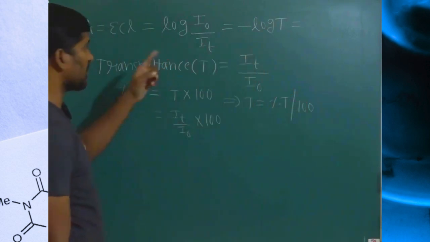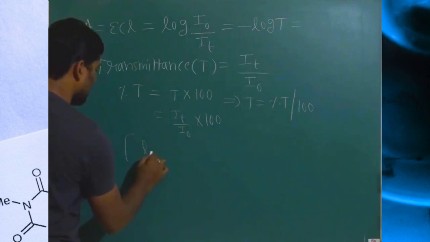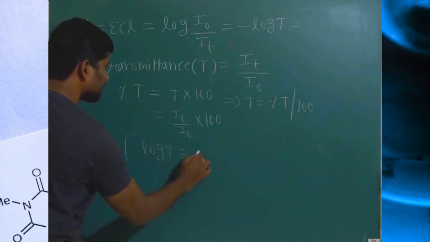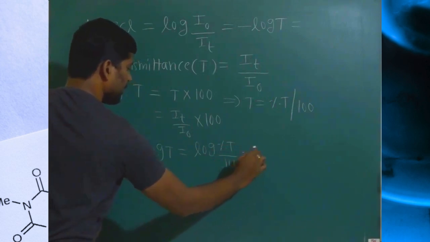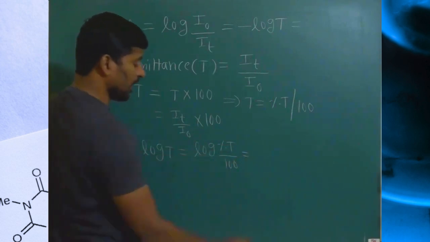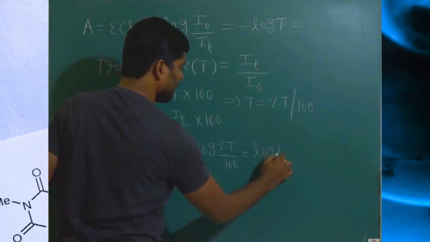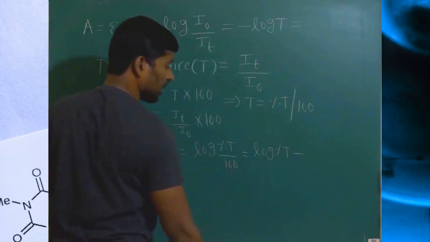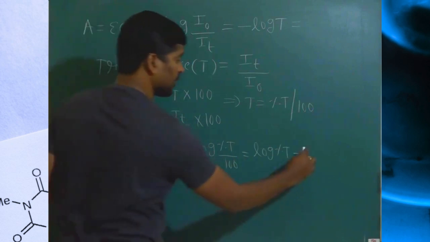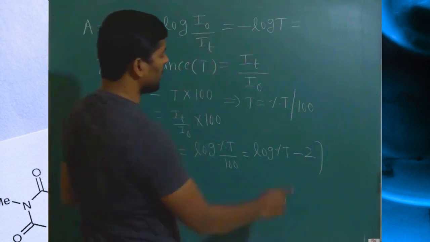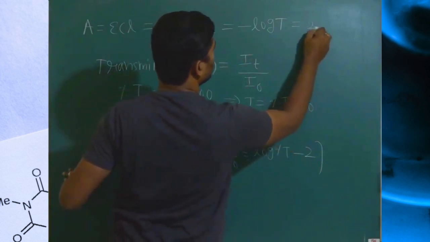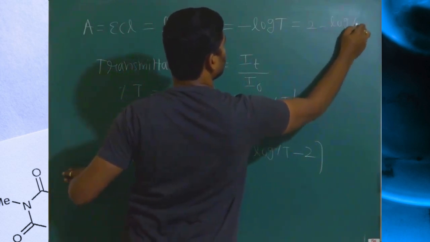Then log T can be written as log percentage of T by 100. Log A by B is log A minus log B, so log percentage of T minus log 100. Log 100 is log 10 power 2, that is 2. So log T is log percentage of T minus 2. That means minus log T is 2 minus log percentage of T.